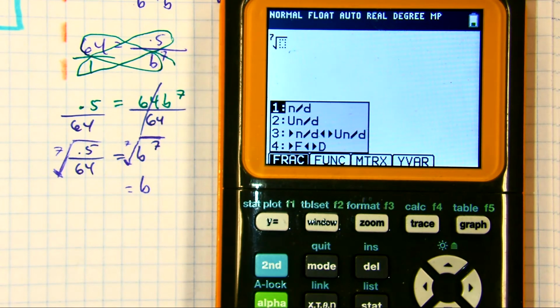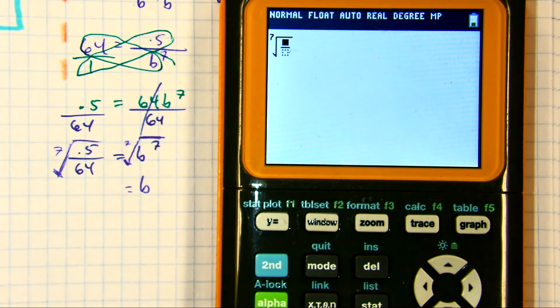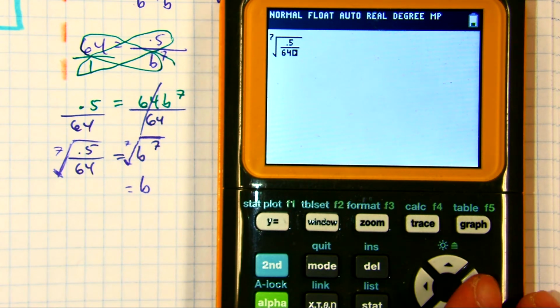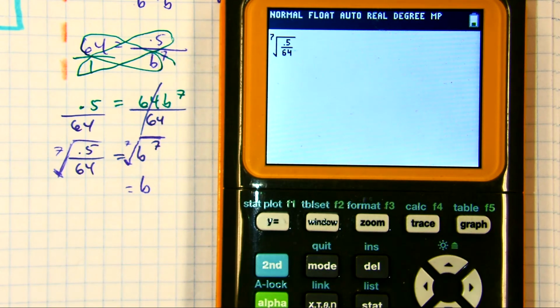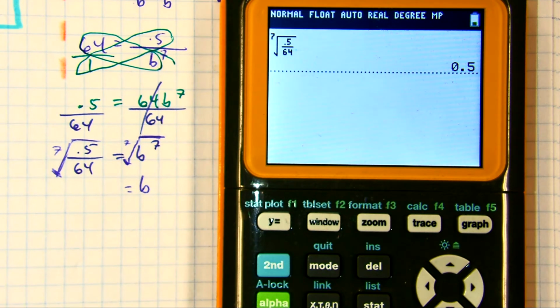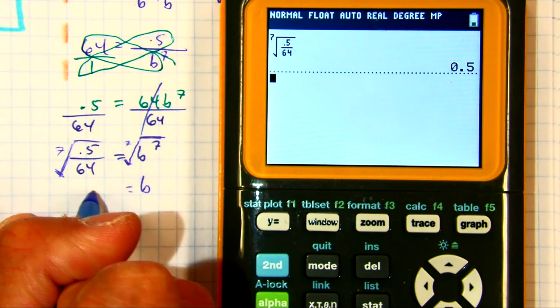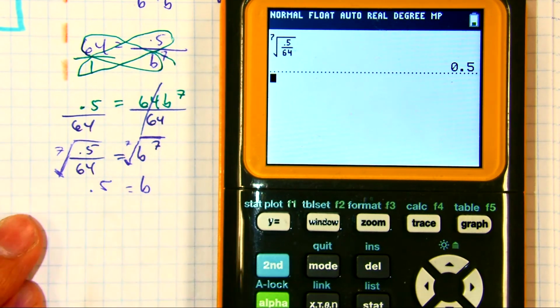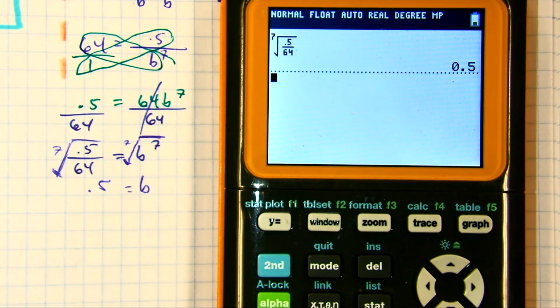This gives me the first one, numerator divided by denominator, which is just a fraction. 0.5 over 64. To get out of that, you just press right. Press enter. And our number is 0.5.